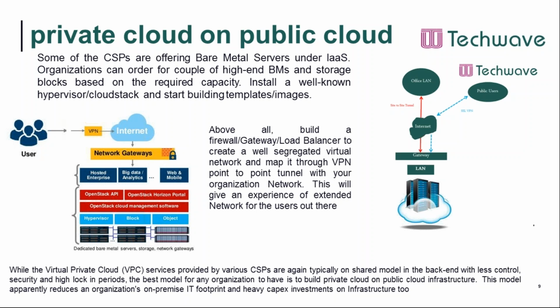I'll tell you a case study. One of the largest power producers reached out to us to build a private cloud on the public cloud. So we have given this solution, and the design is like this. I have taken 4 high-end servers, clustered them, and got the hypervisor done on it, deployed the OpenStack.